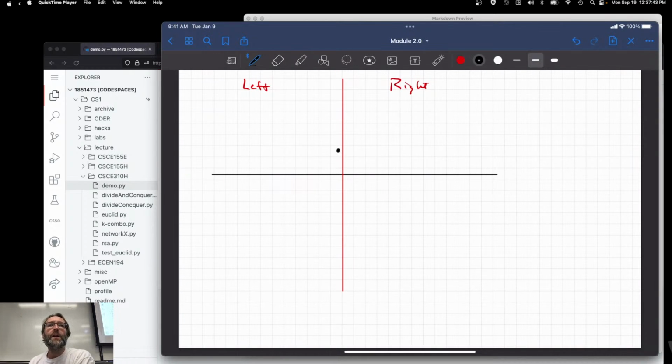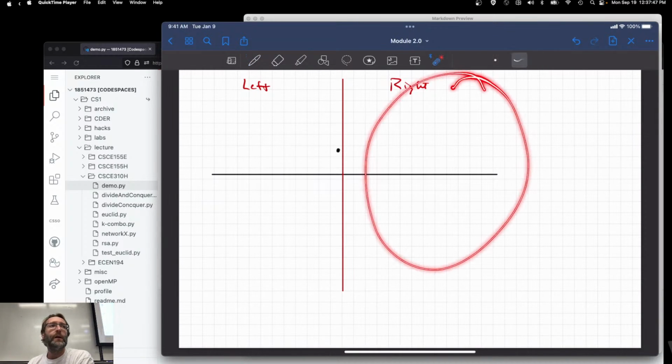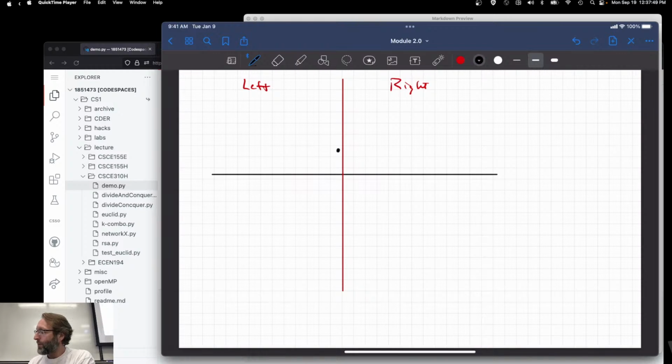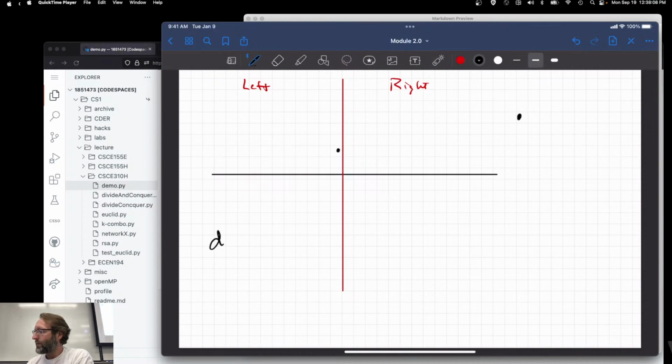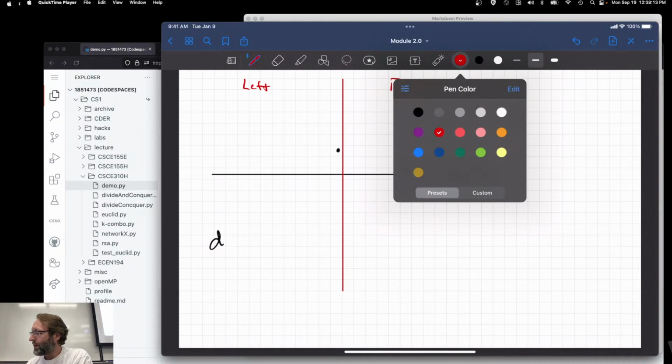Now, again, do we need to compare it to every single point in the entire right partition here? Do we need to compare it to a point that's way over here? Remember that the minimum distance that we found so far is D. Do we need to compare it to something way over here that is going to far exceed D no matter what? No. We only need to focus on one part of this. I'll do it in another color here, green.